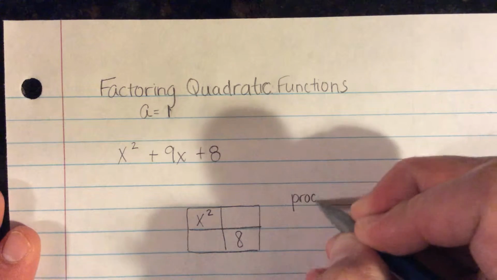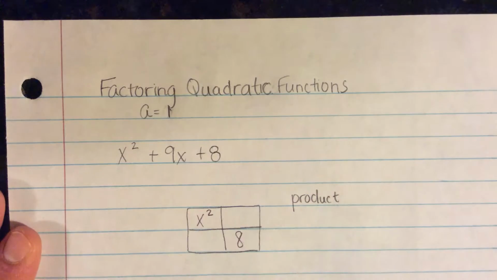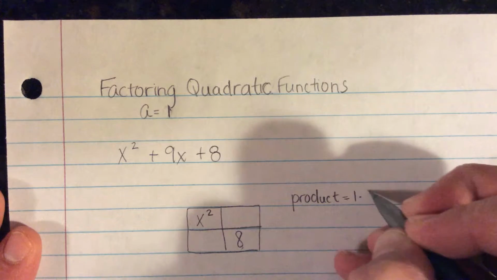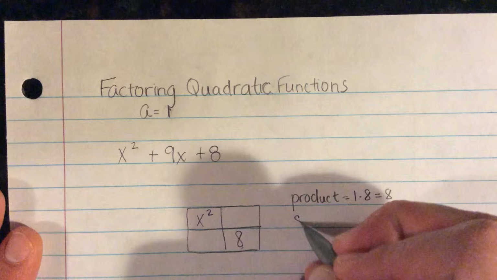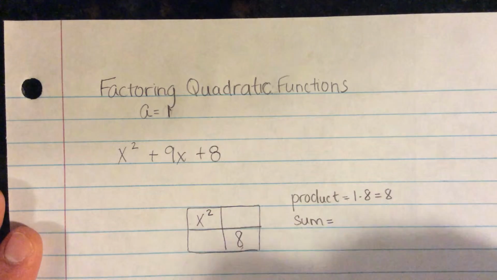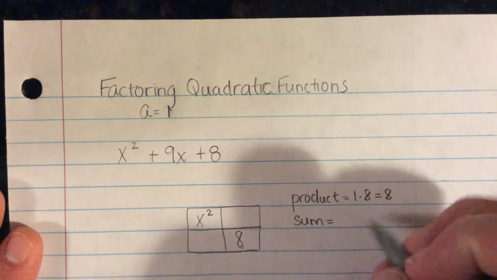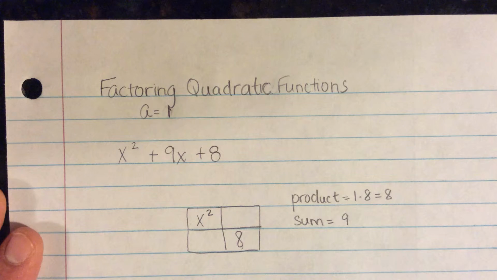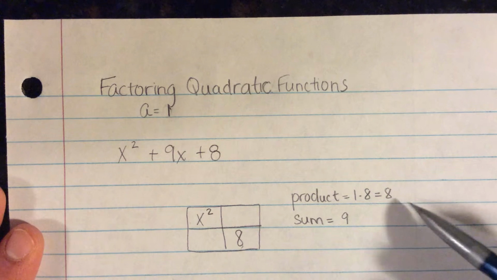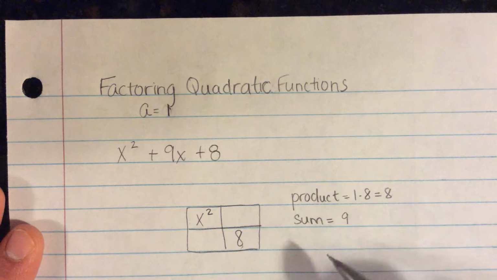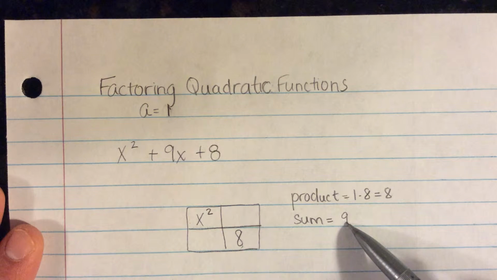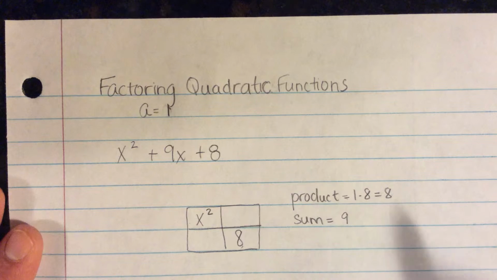Our product is going to be our a value, which is 1, times our c value, which is 8. Our product is 8. Our sum is equal to our b value, which is 9. So essentially what we're looking for is 2 numbers who have a product or multiply to 8, and those same 2 numbers will add to 9.